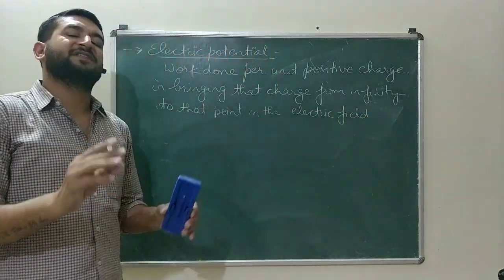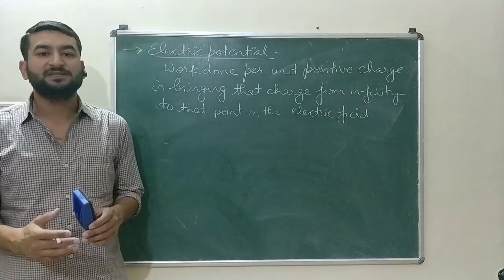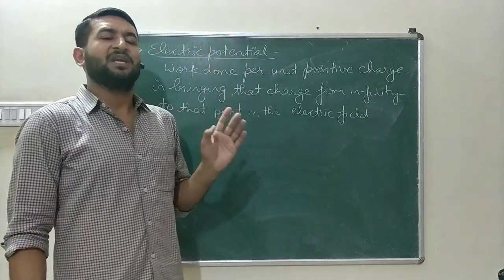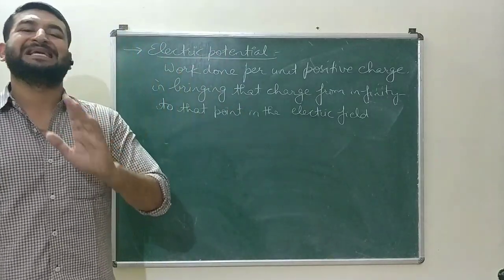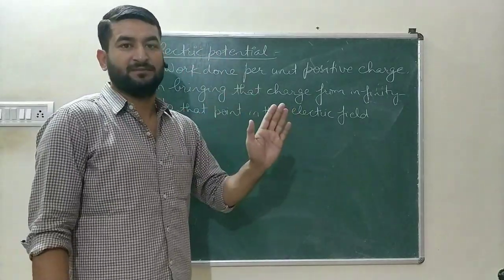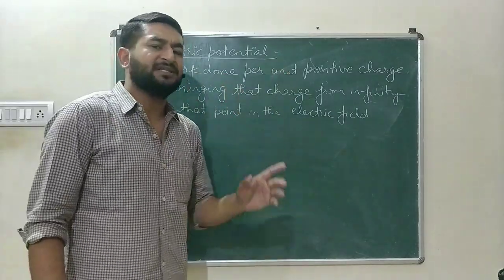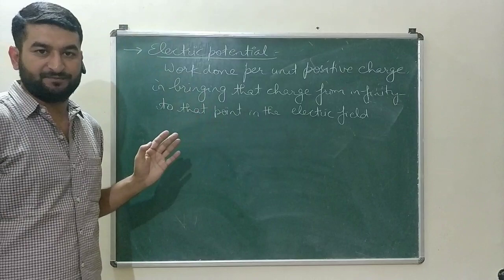There are some specific things about the electric potential. First, it always lies in an electric field. Second, it is a point in the electric field, a very small point.